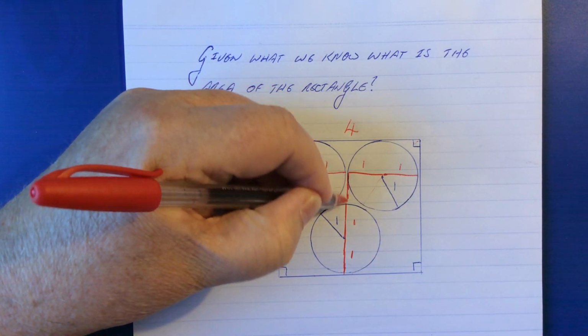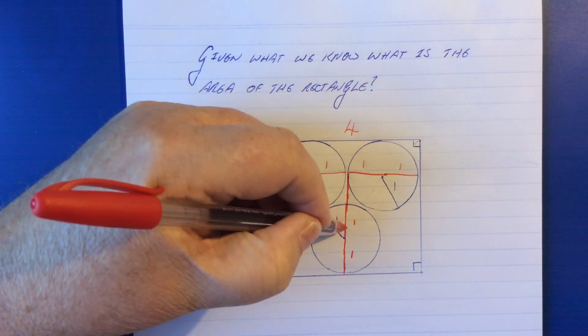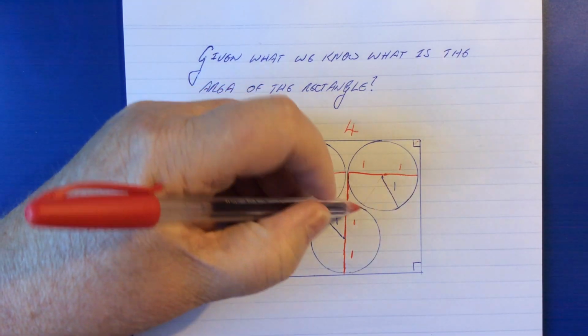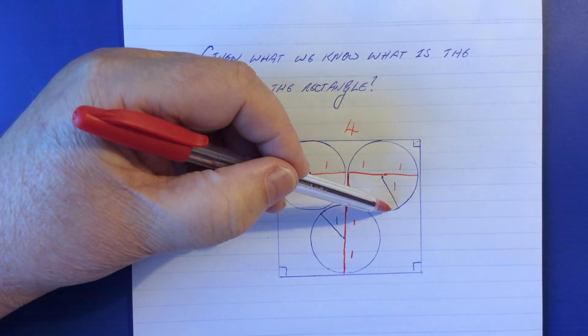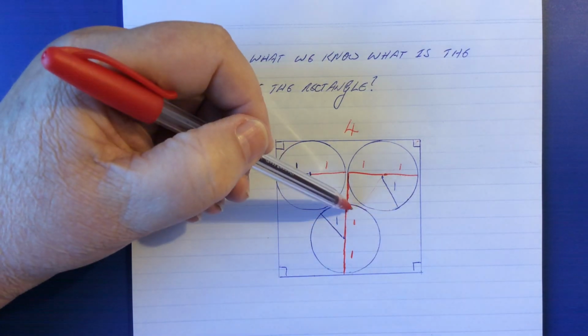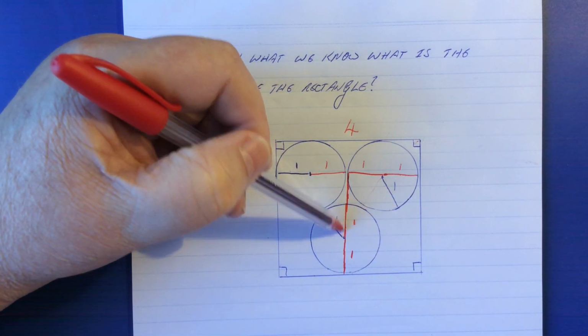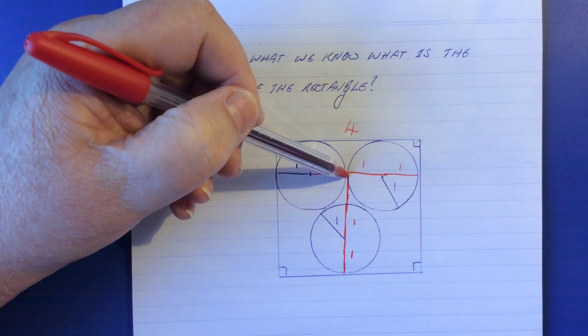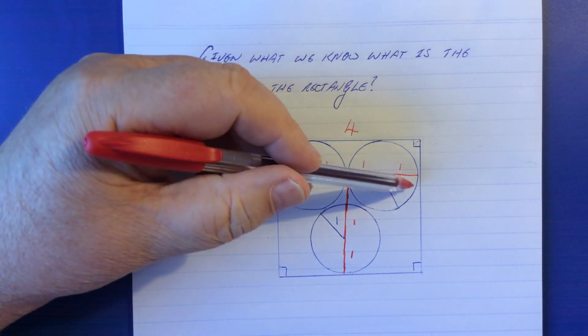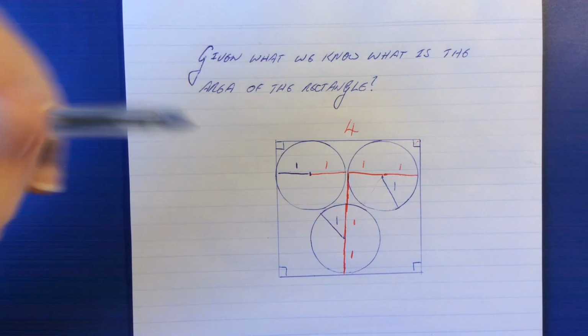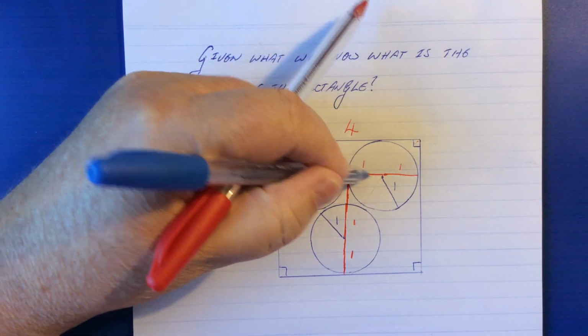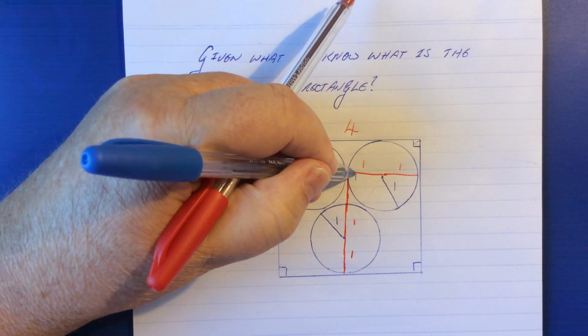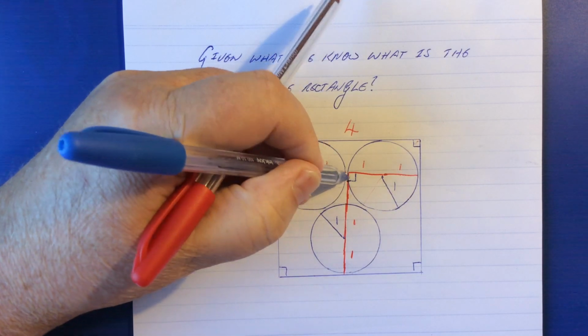We have this distance here, which I've now filled in. So we have 1 plus something to here. And just let me go back and remind you that this is below this, so we're not dealing with 2 here. But what we do have formed is a pair of perpendicular lines, meaning that there is a right angle in there.